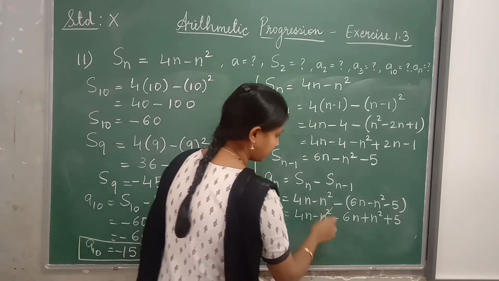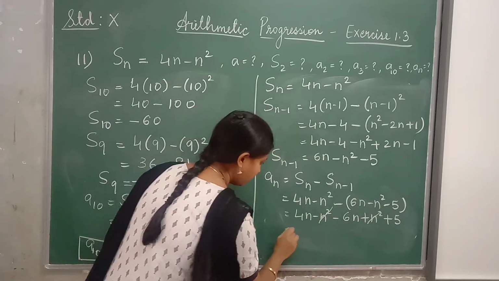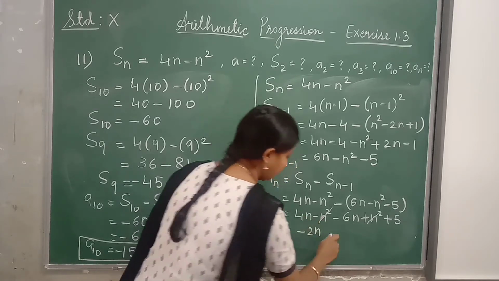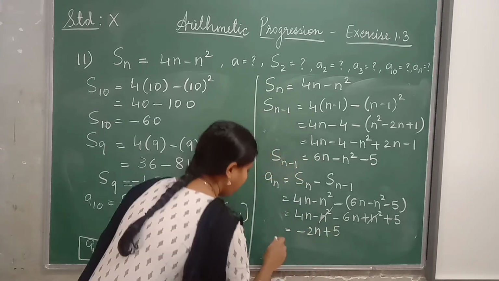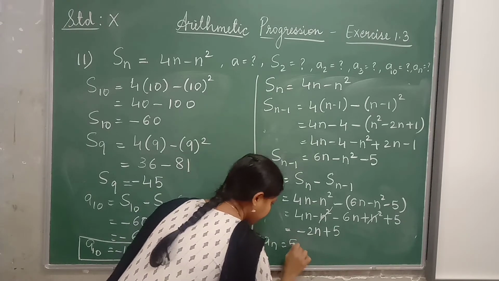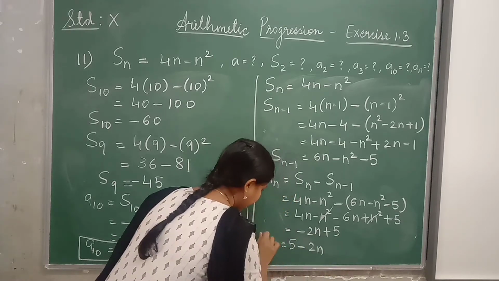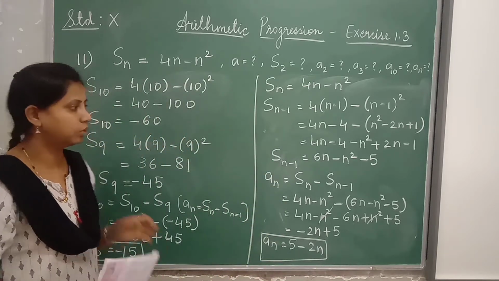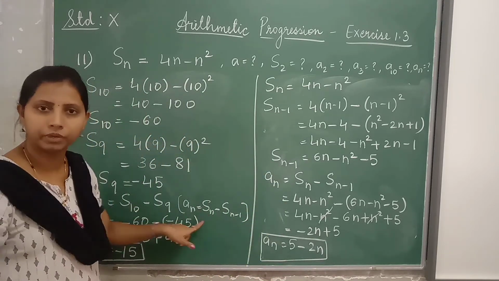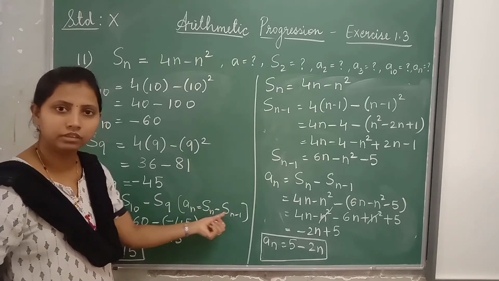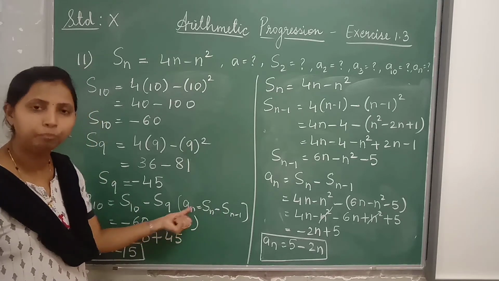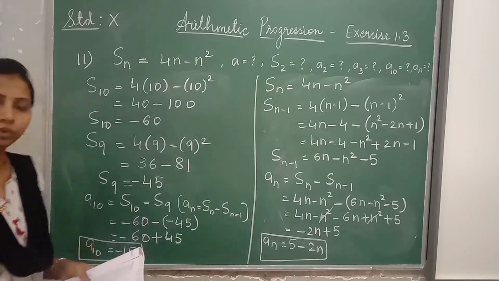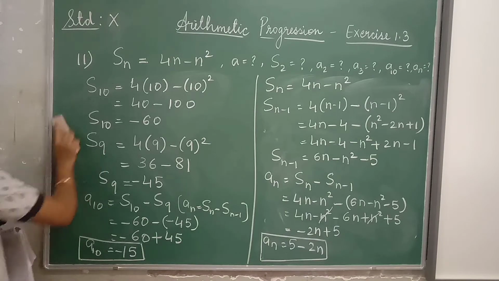Okay, so minus n square plus n square will get cancelled. 4n minus 6n is minus 2n plus 5, or you can write the nth term is nothing but 5 minus 2n. So this is the nth term. Okay children, this is the new formula which you have to remember here. When the sum of the terms is given and you have to find the terms of the AP, you have to use this formula. Okay, yes. Now let's move on to the next question.